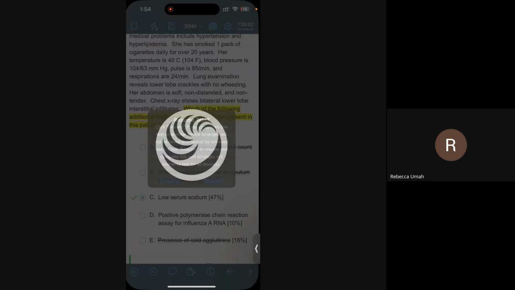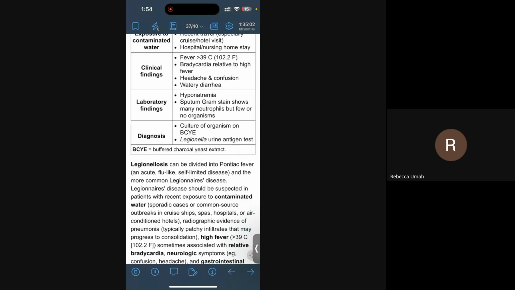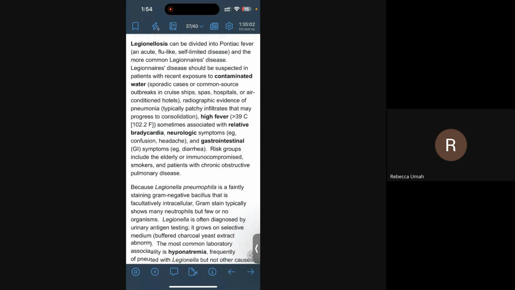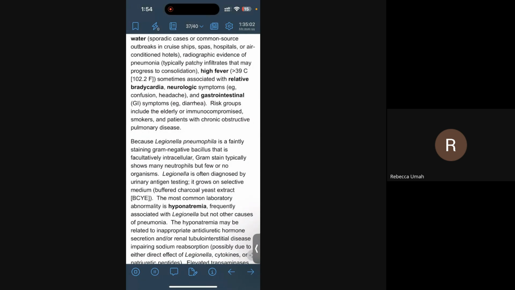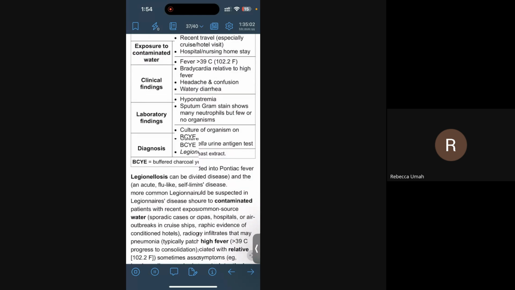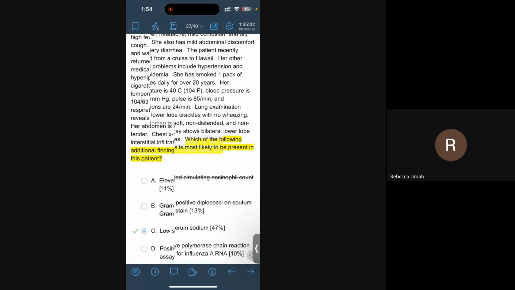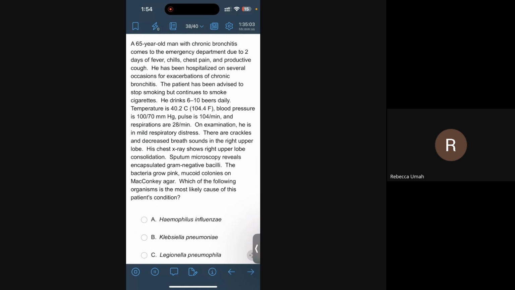With Legionella, everything can be explained. High fever can also be explained. Okay, MacConkey agar: encapsulated gram-negative bacilli, those pink mucoid colonies on MacConkey agar.